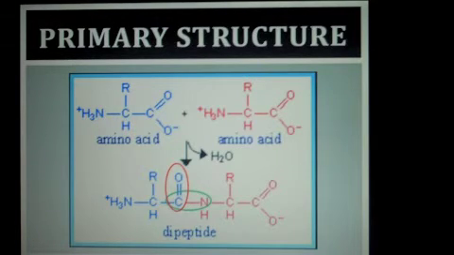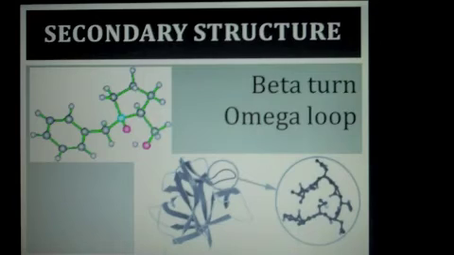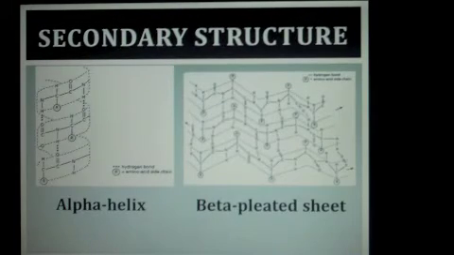These are able to rotate, which gives different orientations to the primary structure. Because the two bonds of each amino acid can rotate, it gives the ability for the proteins to fold. The folded polypeptide chain gives several identified secondary structures, which are the beta turn and the omega loop, the alpha helix and the beta sheets.